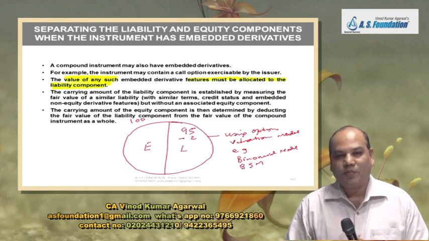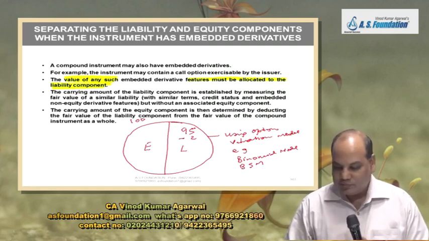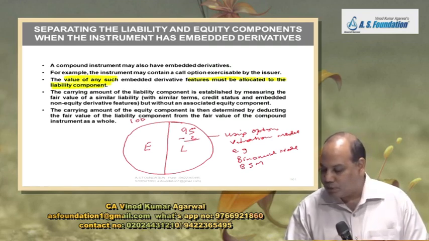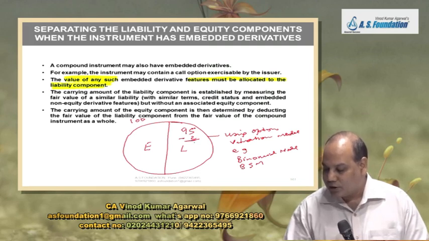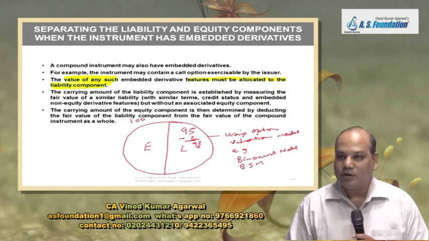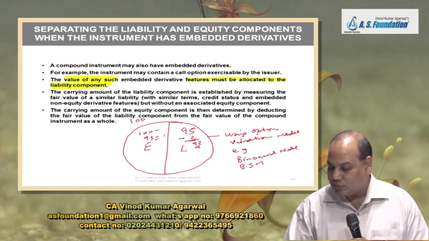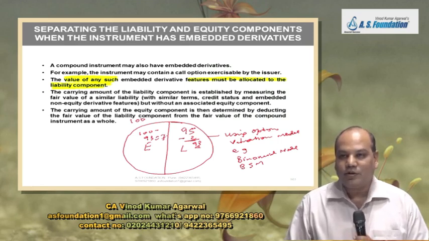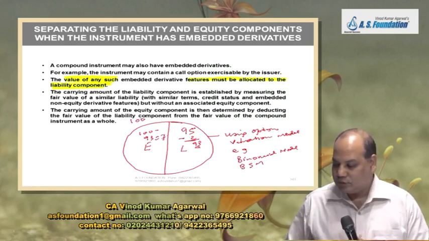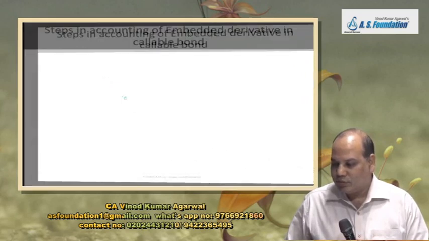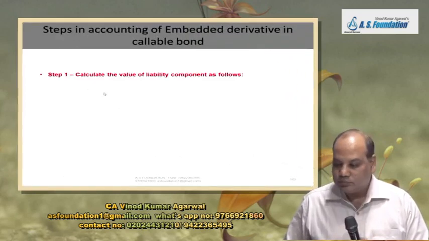In the FR paper, this number is given to you. Only you have to know that this is the premium we have paid. This is my liability. So the net value here will become now 93. 100 minus 93 is the allocation towards equity. That's it. Only once they have asked this question, but otherwise they don't ask.